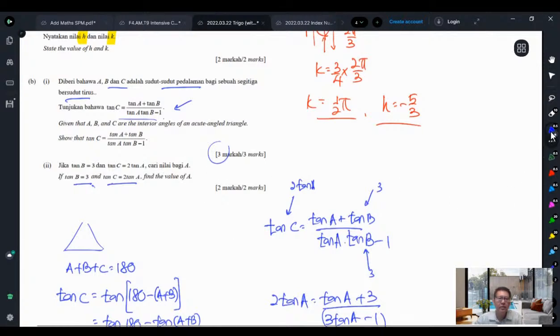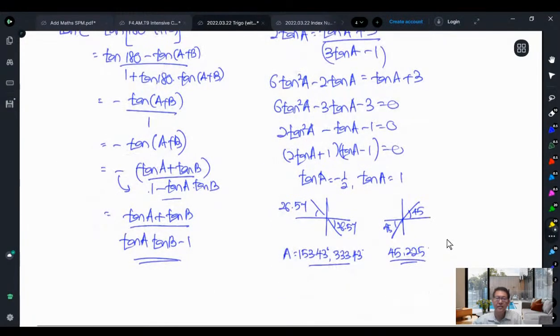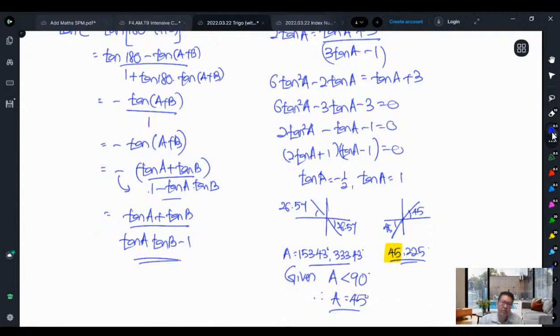The A they mention here, ABC adalah sudut pedalaman sebuah segitiga bersudut tirus, that is less than 90 degree. So given A is less than 90 degree, there's only one answer, 45 degree.